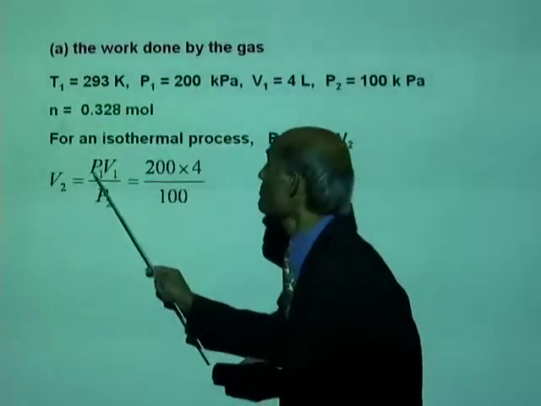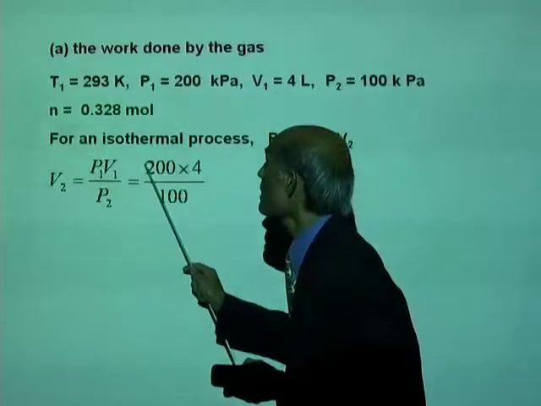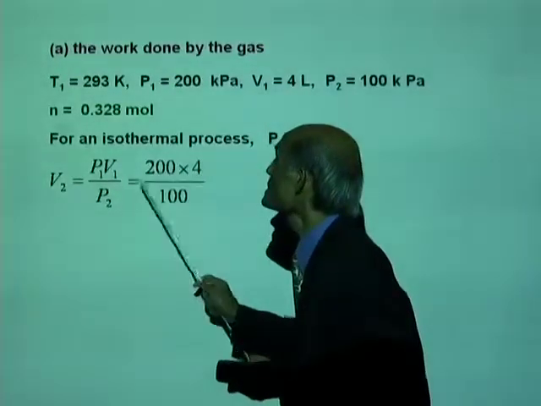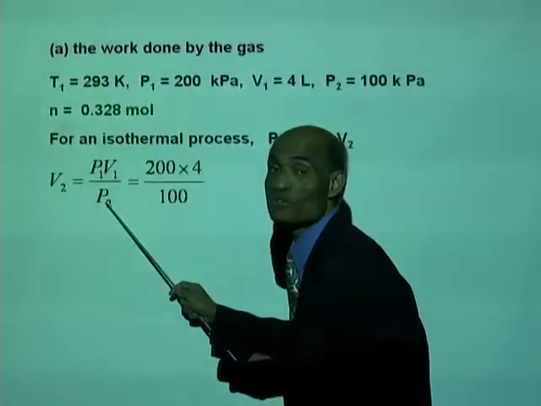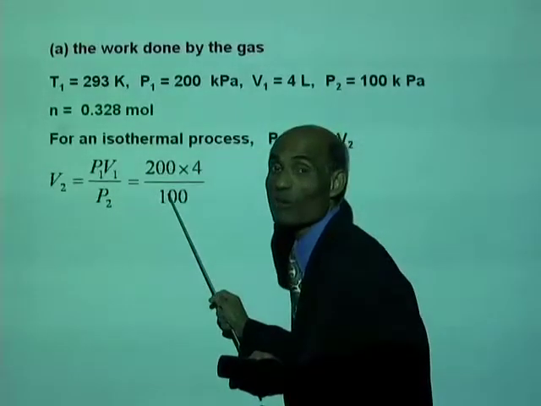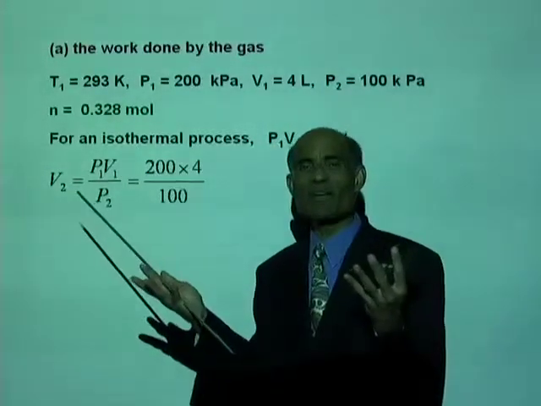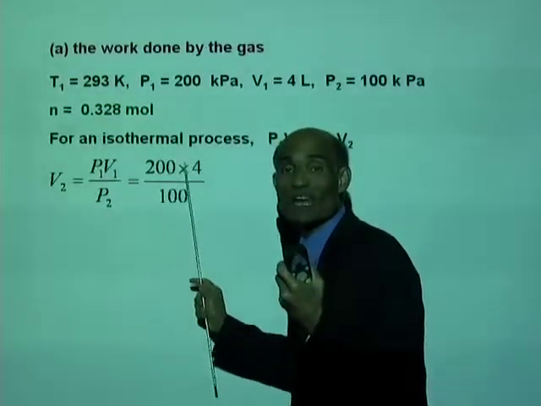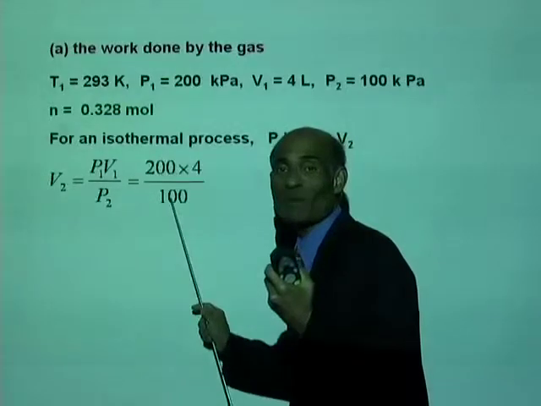And now P1 is 200 kilopascals, V1 is 4 liters, P2 is 100 kilopascals. I haven't changed anything there because I left the pressure units in kilopascals, numerator and denominator.